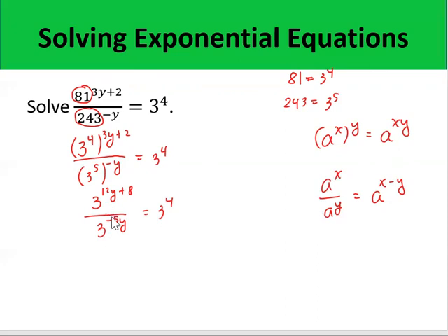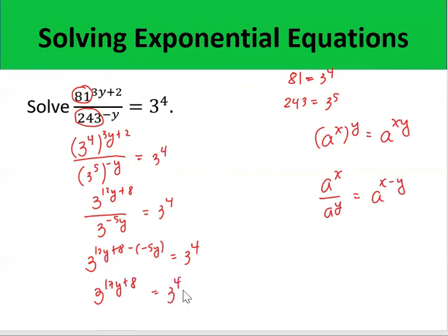So which means that this left side can be written as 3 raised to 12y plus 8 minus negative 5y is equal to 3 raised to 4. So simplifying the exponent in the left side, we get 3 raised to 12y minus negative 5y is positive 17y, and then we have plus 8 is equal to 3 raised to 4.